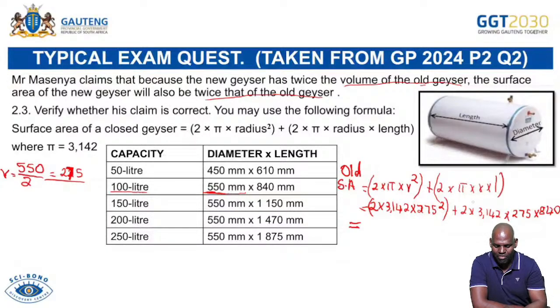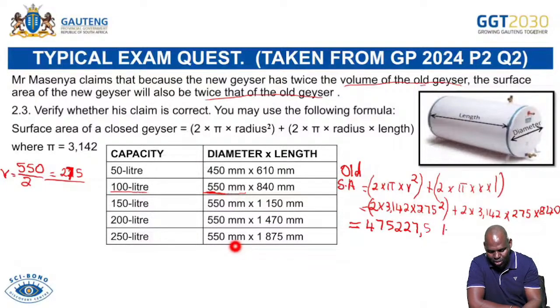For this one, you can simplify each part. If I simplify the first part, 2 times 3.142 times 275 squared, I'm getting 475,227.5.